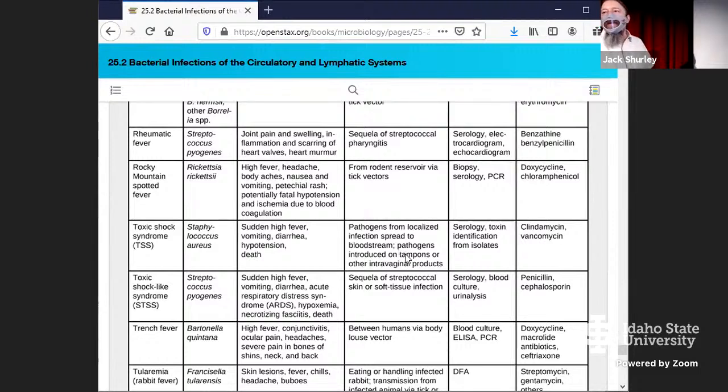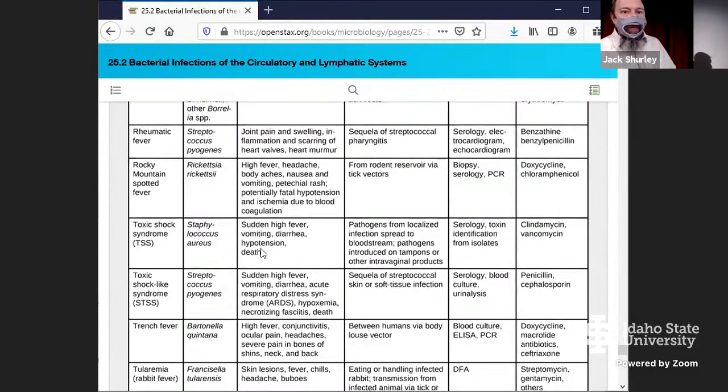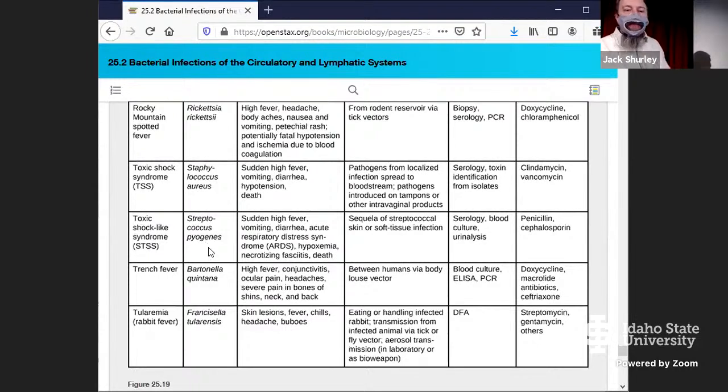Put one in and leave it in all day long, and you're good to go. There's numerous consequences with that, and Staph aureus potentially colonizing and causing serious issues. The toxic shock can be fatal really pretty rapidly. Some strep can cause toxic shock-like issues, similar circumstances.